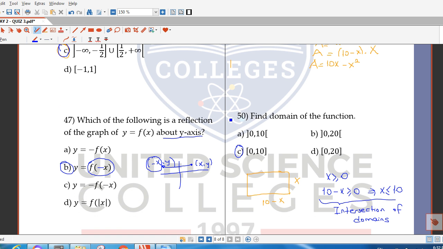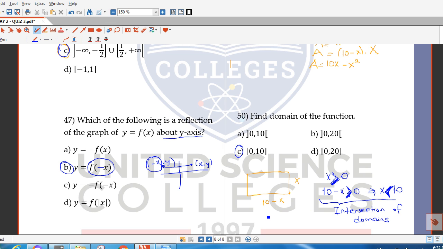Since 10 minus x and x are the dimensions of the rectangle, they should be only greater than 0. 10 minus x should be greater than 0, so x should be less than 10.